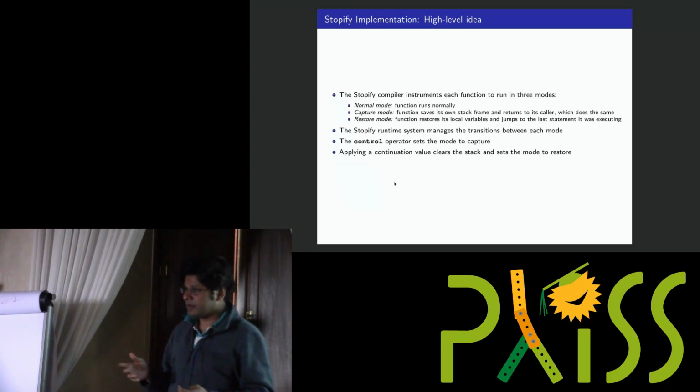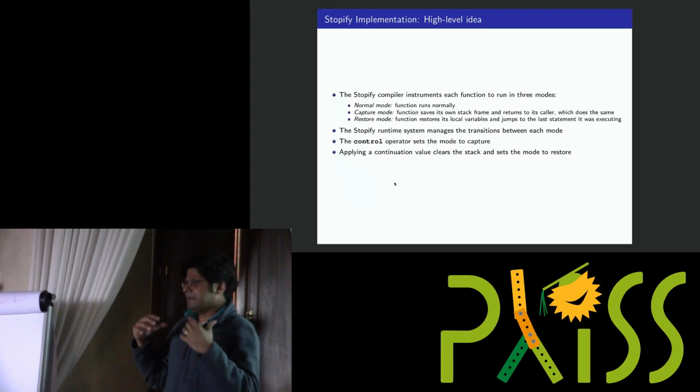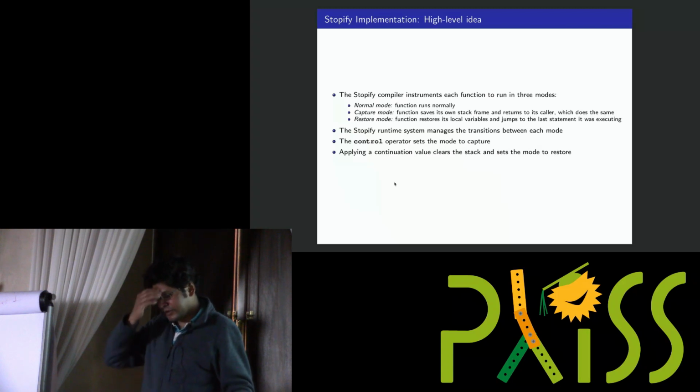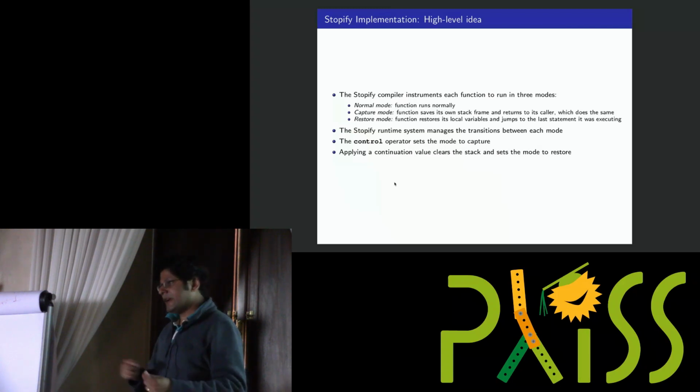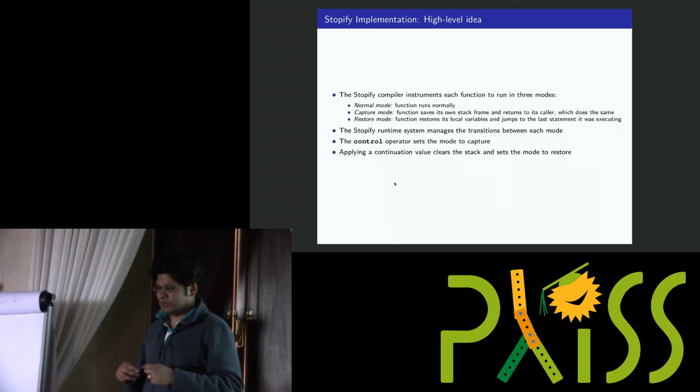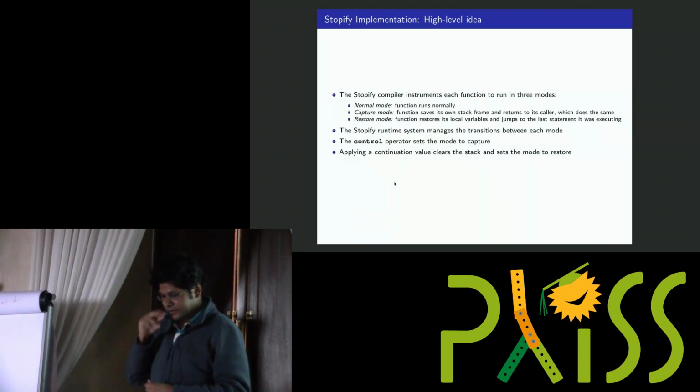In capture mode, the function saves its own stack frame and returns to its caller, which does the same thing, right? So that's capturing a continuation. And in restore mode, we're actually trying to invoke a continuation. Here the function takes its own saved stack frame, restores its local variables, jumps to the point where the continuation was, and proceeds running.